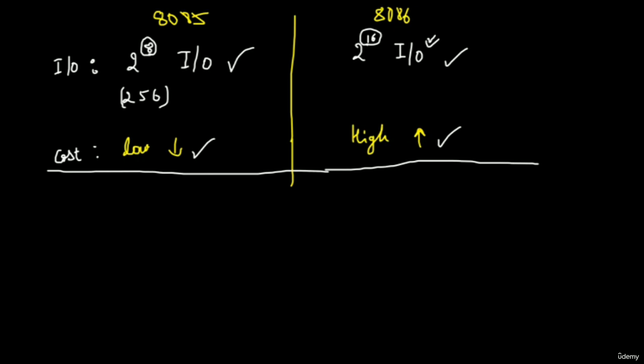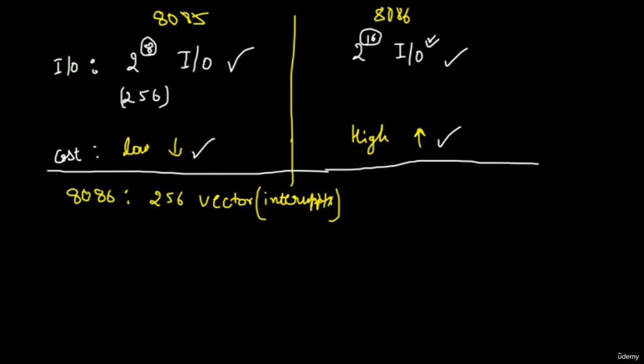Okay, a few more words about the 8086 so that we can build a foundation. It has 256 vector interrupts.